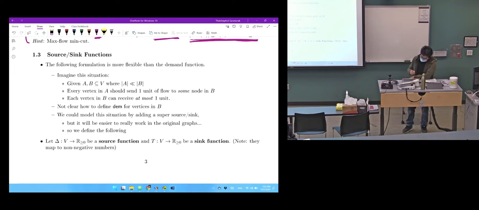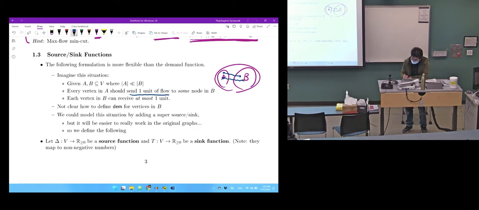Because imagine the following. If you have some set of nodes A and a set of nodes B, and I want to find a flow such that each node in A sends 1 unit of flow to some node in B. So every node in A should send exactly 1 unit of flow, but each node in B might receive at most 1 unit of flow.